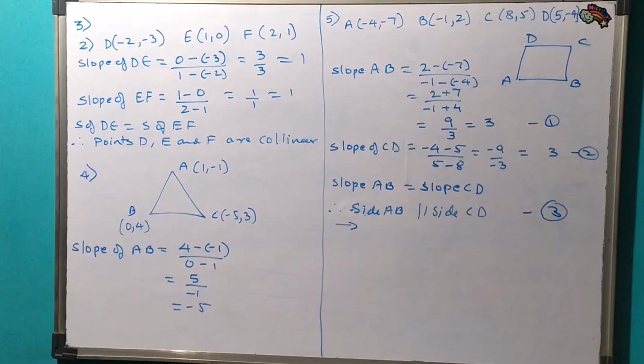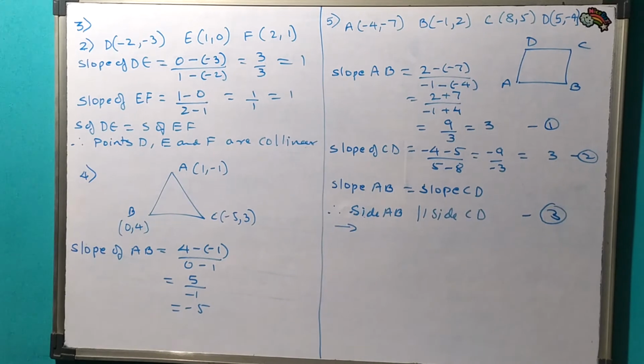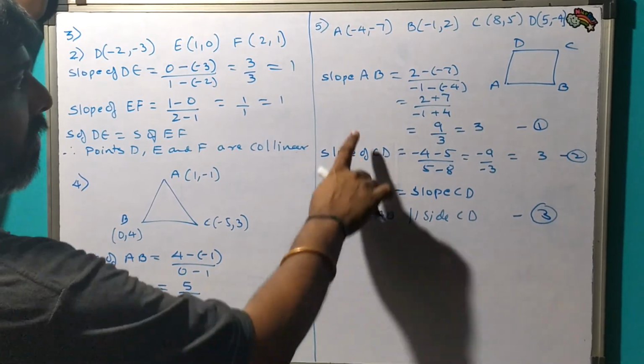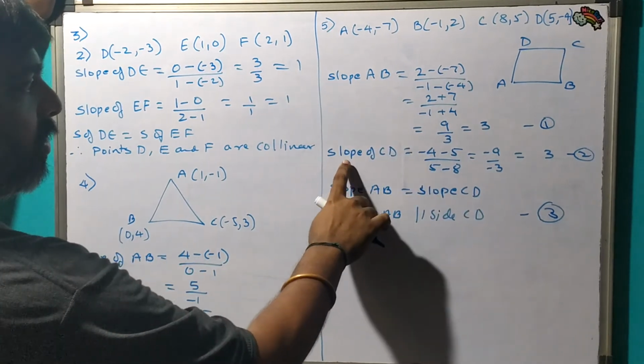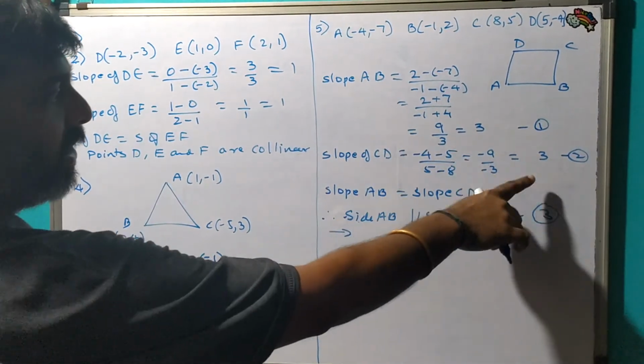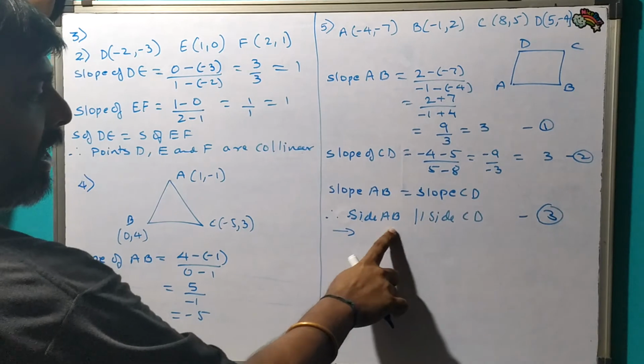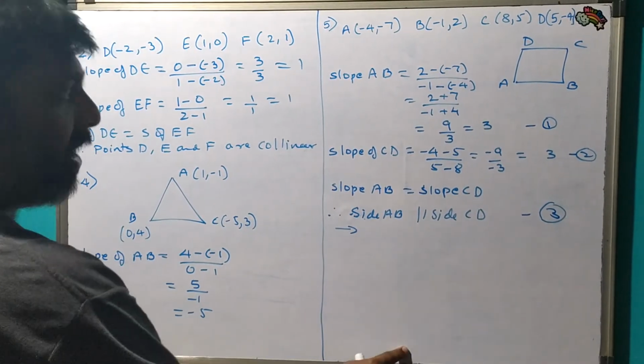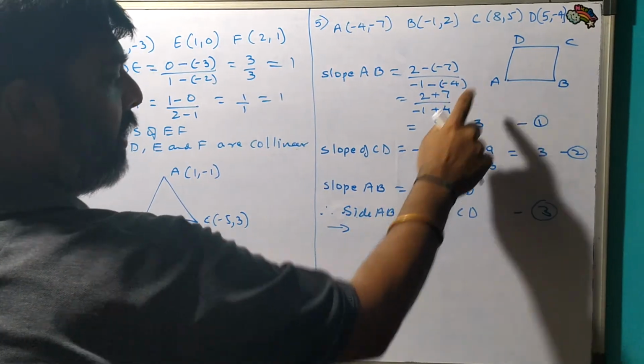This is the first part. Next, slope AB and slope CD are equal, so we have got side AB is parallel to side CD.